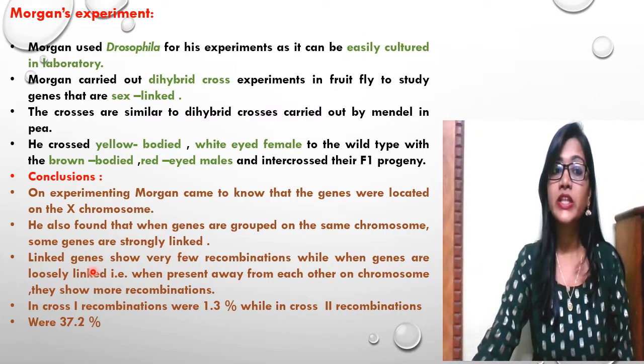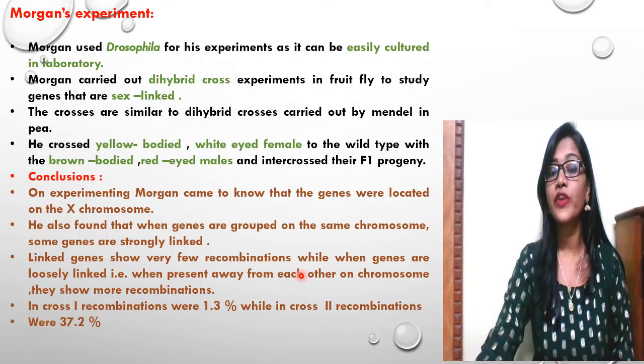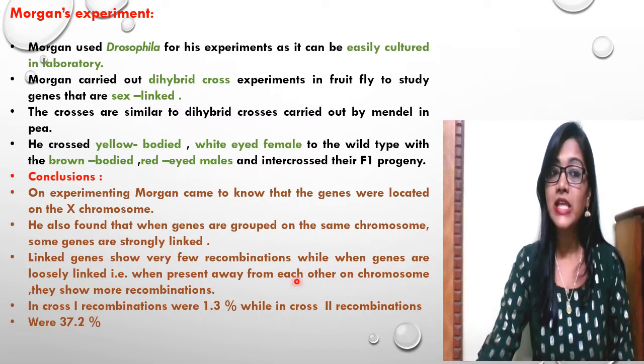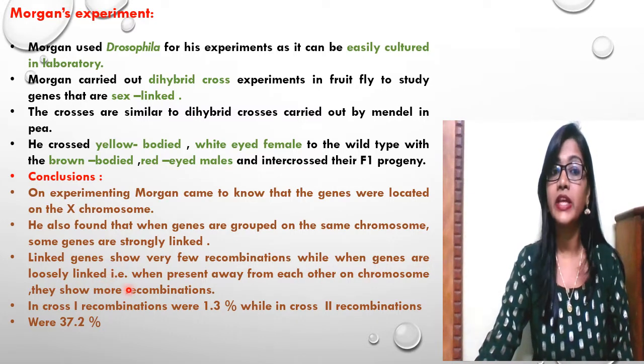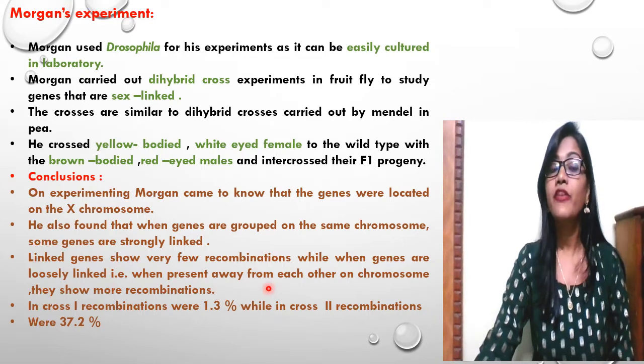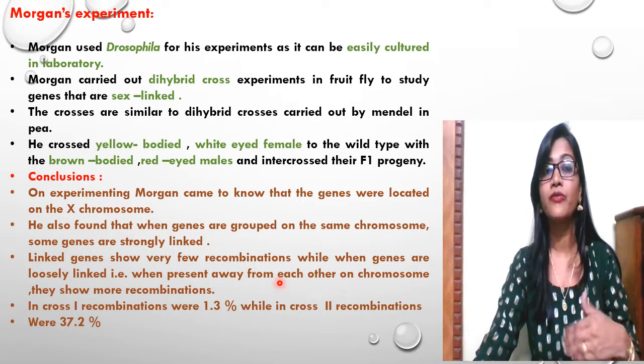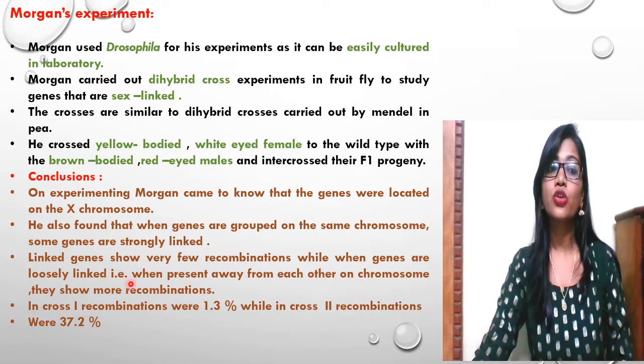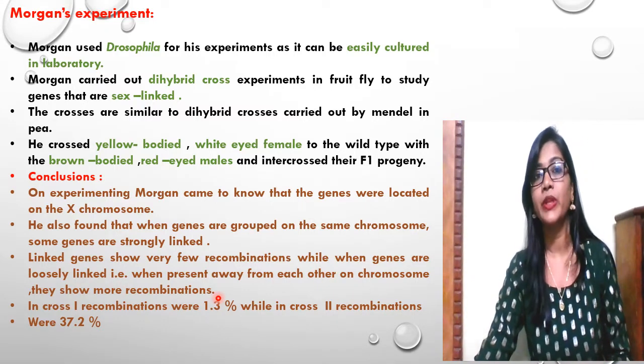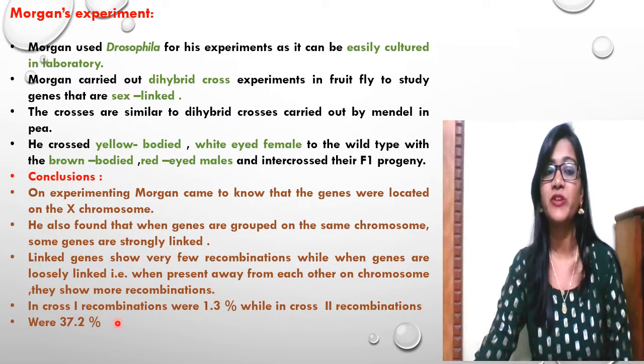Linked genes show very few recombinations, while genes that are loosely linked, that is, far away from each other on the chromosome, show more recombinations. We have studied this in the previous slide.